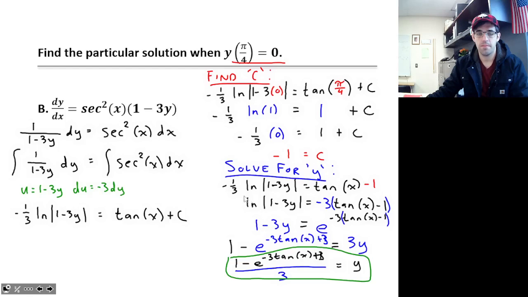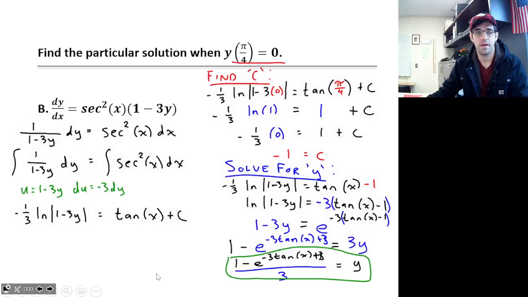If I multiply both sides by -3, and then I change the log equation to an exponential equation, I get 1 minus 3y is equal to e to the power of -3 times tangent of x minus 1. And I can distribute that -3 to get -3 tangent of x plus 3. And then if I rearrange our terms here, I can get 1 minus e to this business is equal to 3y. Divide everything through by 3, and then I have solved for y.